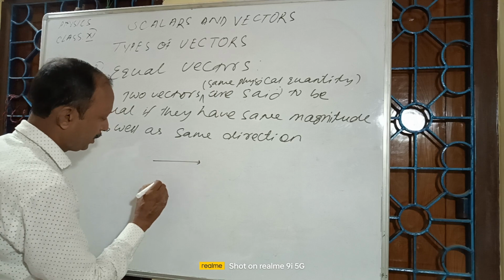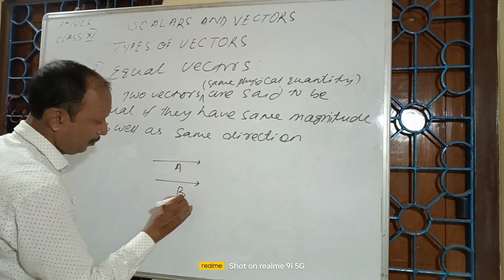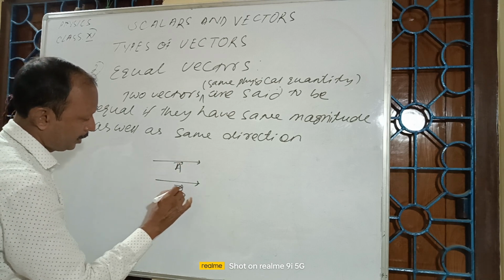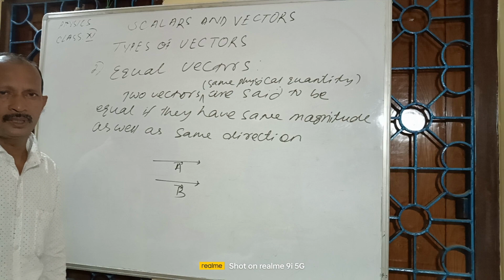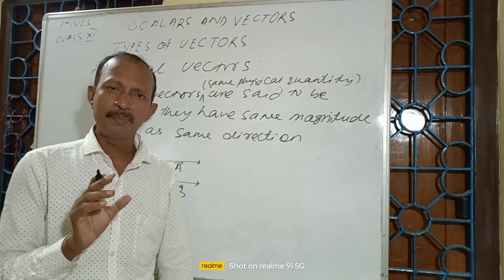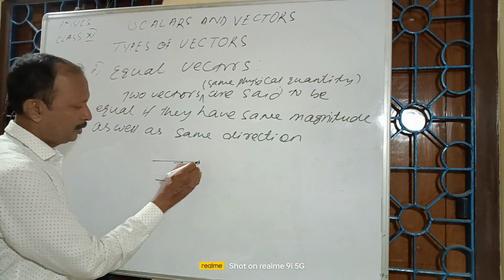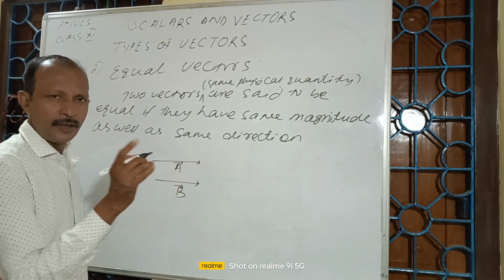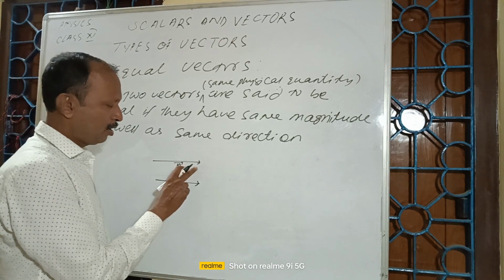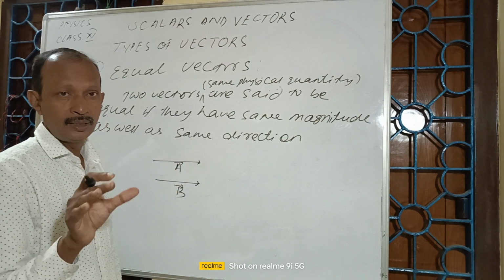Suppose this is vector A, and this line represents vector B. Already in my first video I explained about the magnitude and direction. The length of the line represents the magnitude and the arrow mark here represents the direction.